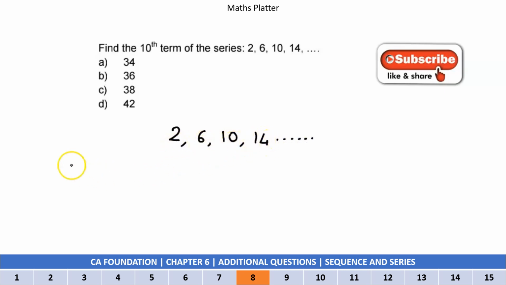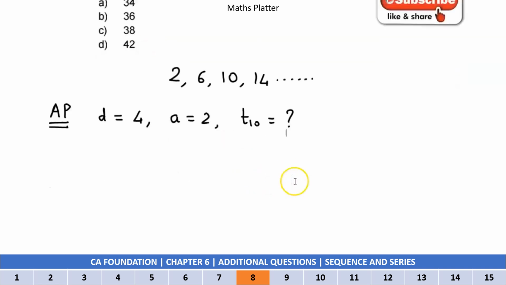So this is actually an arithmetic progression, and the common difference between the terms, that is D, is equal to 4. Now the first term of this AP, that is A, is equal to 2. And we have to obtain the 10th term of this series, that is T10.